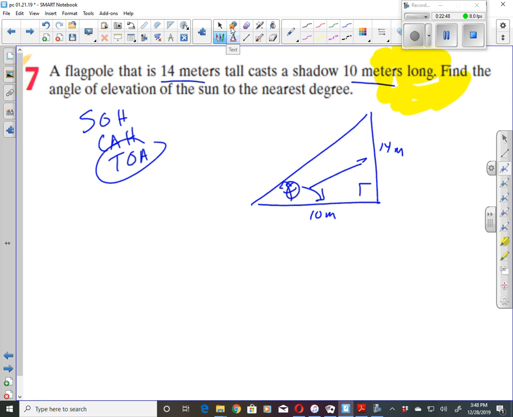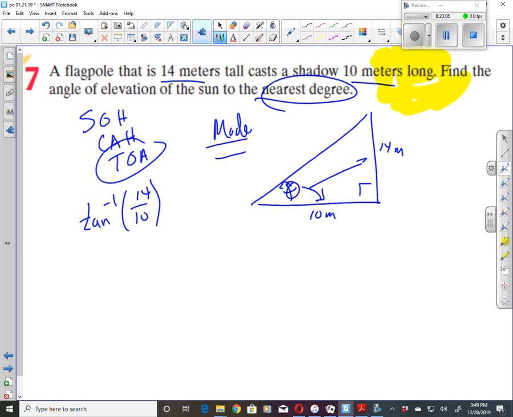But because we're looking for the angle, it has to be the inverse tangent of 14 over 10. Now we want this in degrees to the nearest degree. So again, check your mode. Make sure you're in degrees. If you're in degrees before, you're probably still in degrees now.